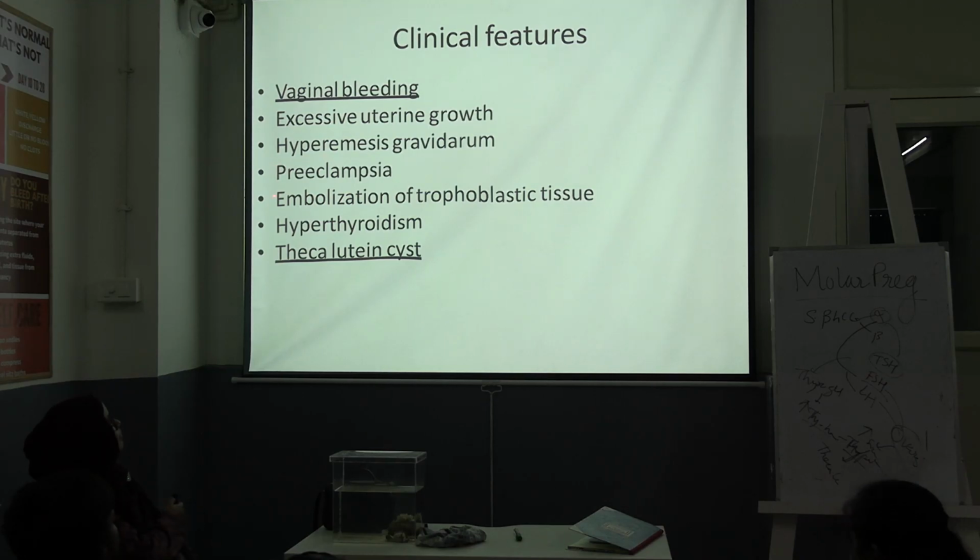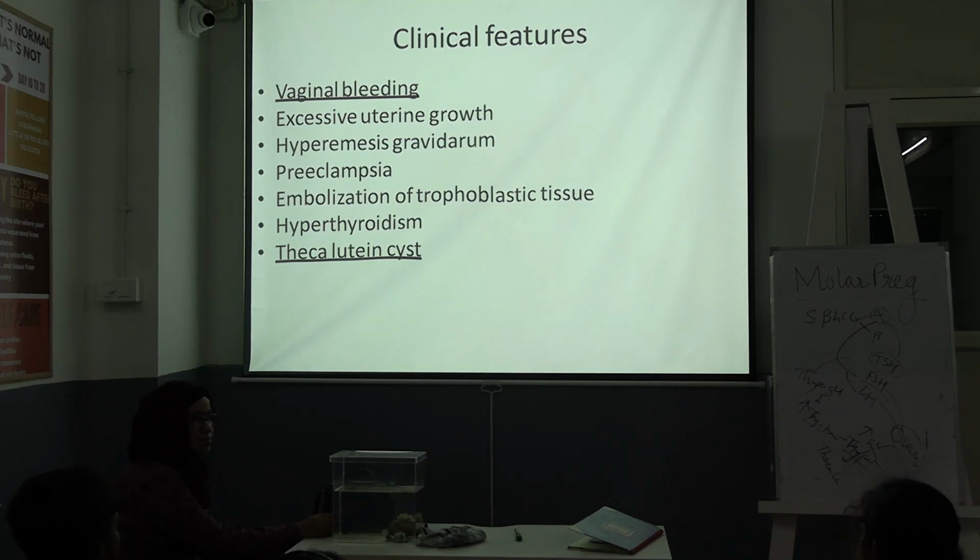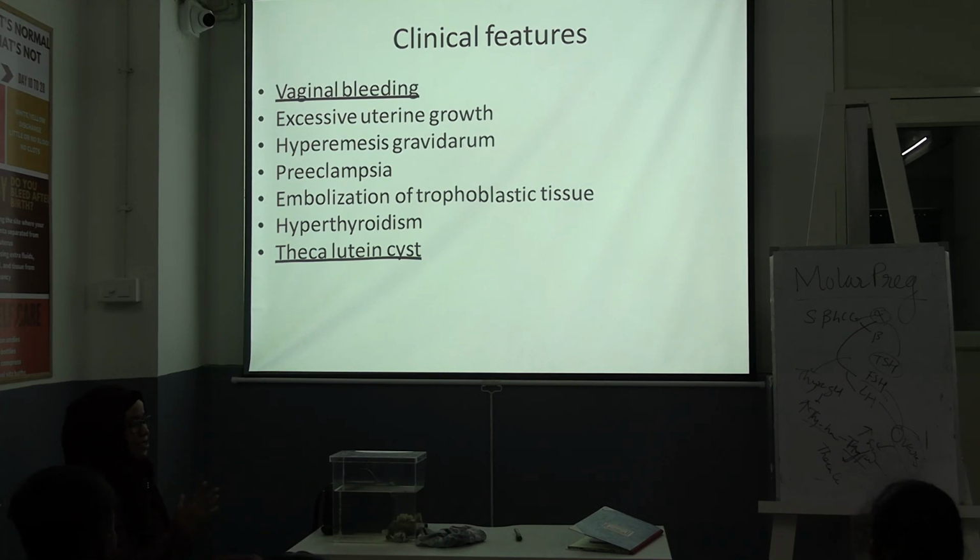So, why does preeclampsia occur? PIH class has been taken, PIH or hypertensive disorder of pregnancy. In hypertensive disorder of pregnancy, why does eclampsia, preeclampsia occur? There is defective remodeling of the spiral arterioles during the pregnancy.